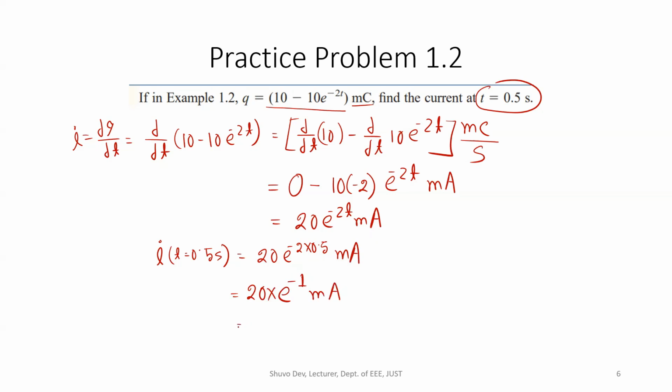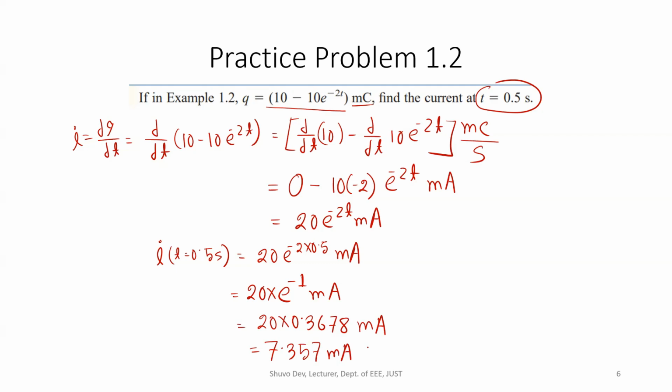Using a calculator you can find 20 into 0.3678 milliampere. So the final current will be 7.357 milliampere.